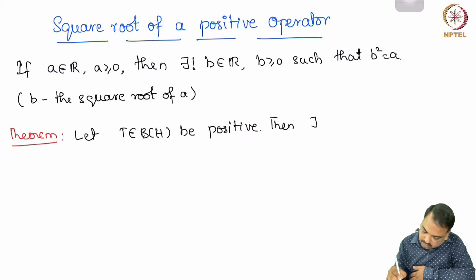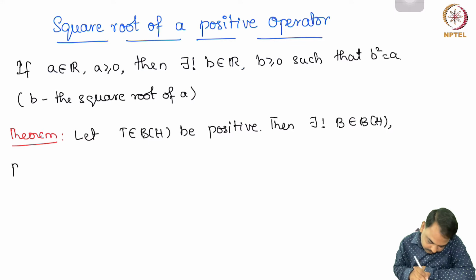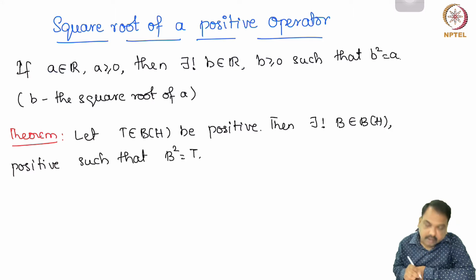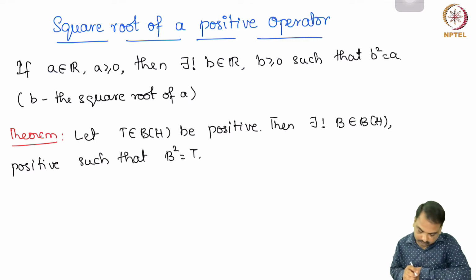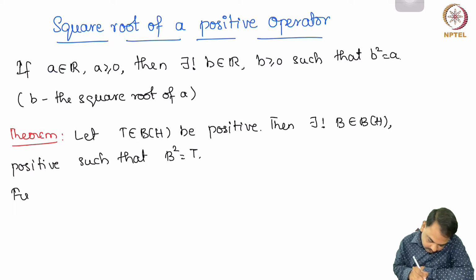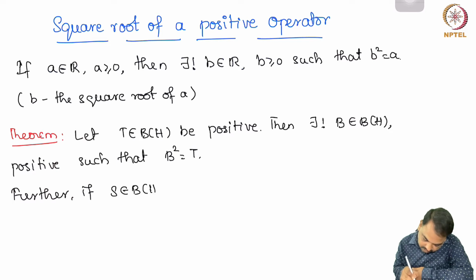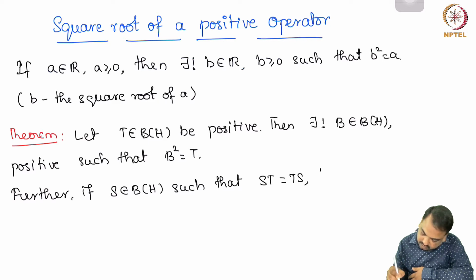Then there exists a unique positive bounded operator B in B(H) such that B square equals T. Not only that, further, if S is a bounded operator such that ST equals TS, then we can say that B also commutes with S: BS equals SB.